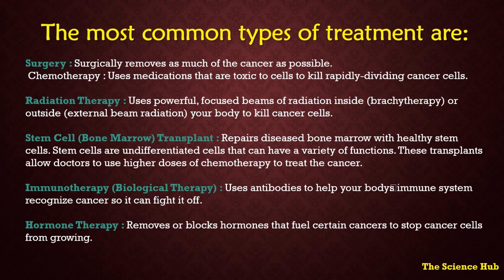Then comes the immunotherapy, that is biological therapy. It uses antibodies to help your body's immune system recognize cancer so it can fight it off. Then comes the hormone therapy. It removes or blocks hormones that fuel certain cancers to stop cancer cells from growing.